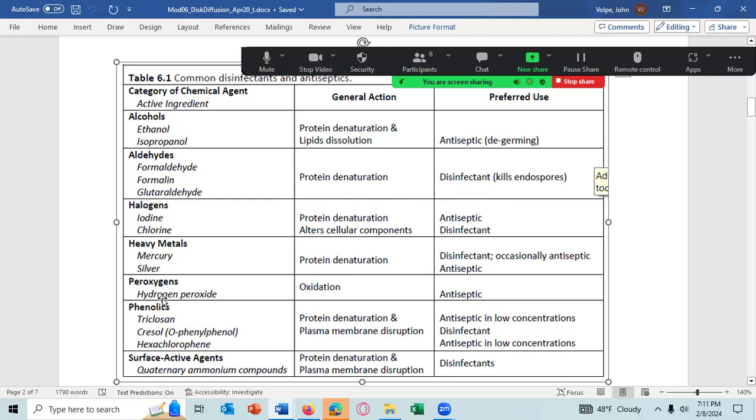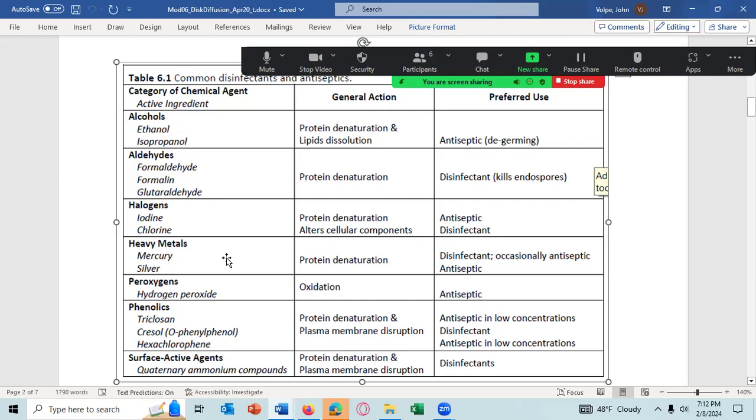Hydrogen peroxide is in many houses, and it is used as an antiseptic, but the peroxygens actually do kill endospores. Halogens are also found in most homes. Iodine, tincture of iodine, is used as an antiseptic. Chlorine would be like chlorine bleach, a halogen that we use as a disinfectant.